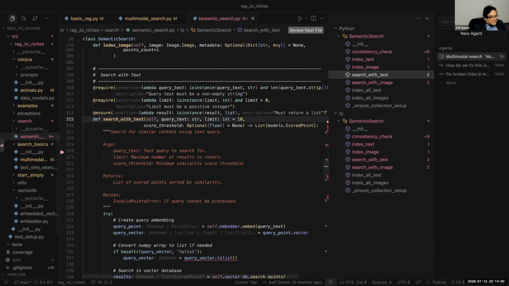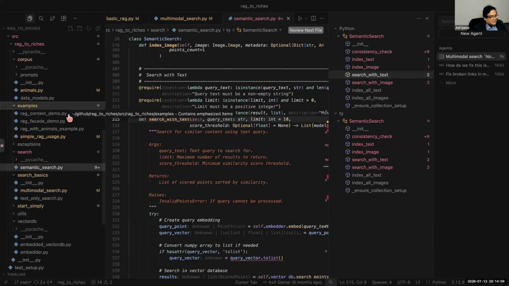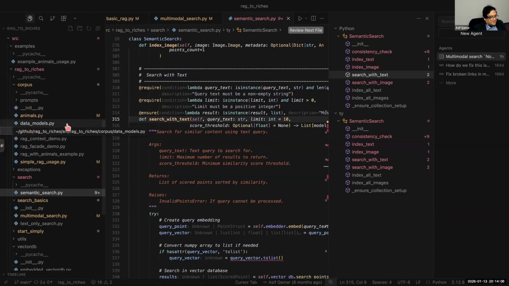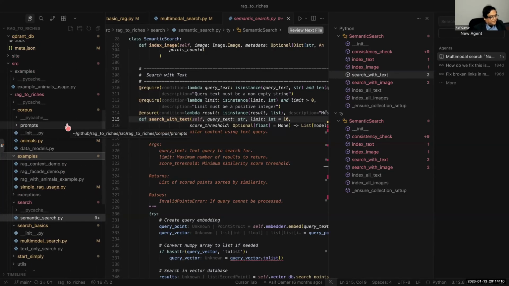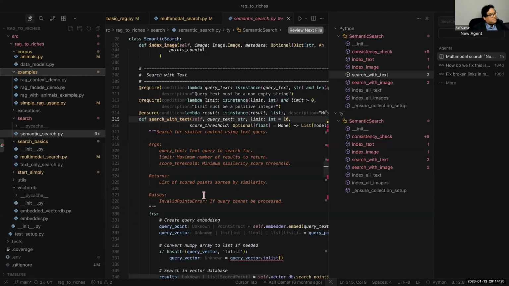So let's look at an example of search. By the way, if you want to see examples of how to use it, all of those usage examples are here. Go and run the usage examples, right? Example with RAG with elements example. That's the best way because the code base is a bit large in the beginning.